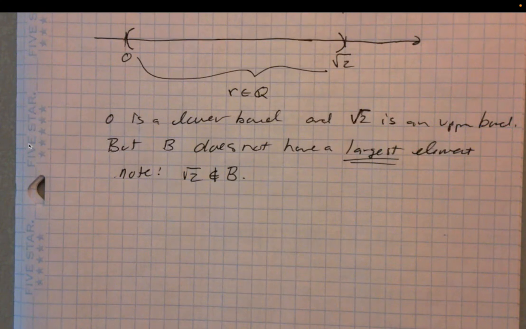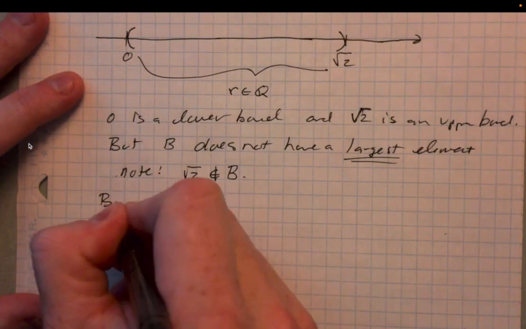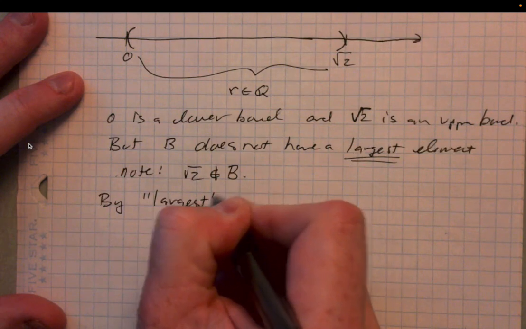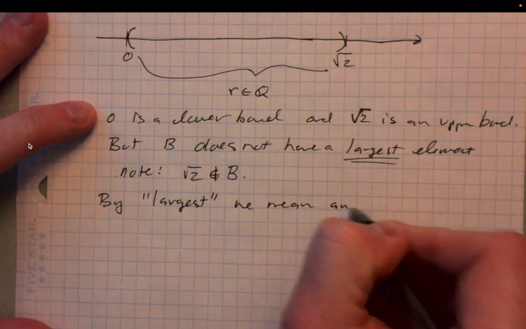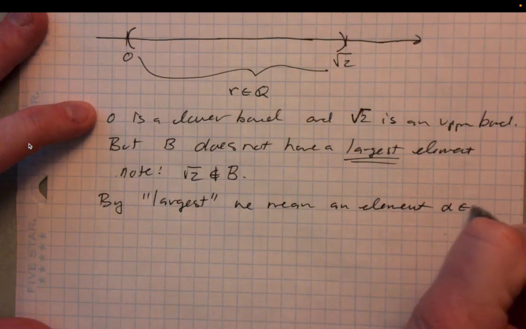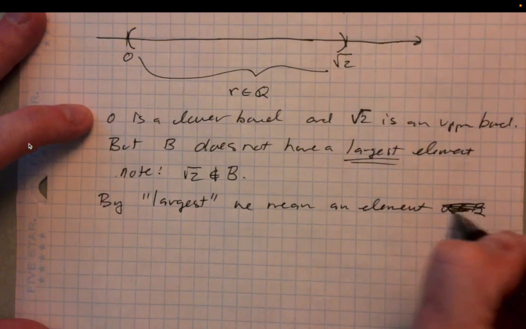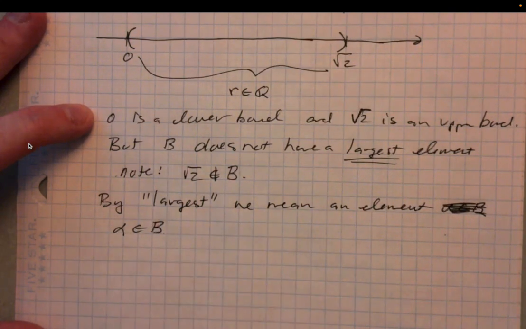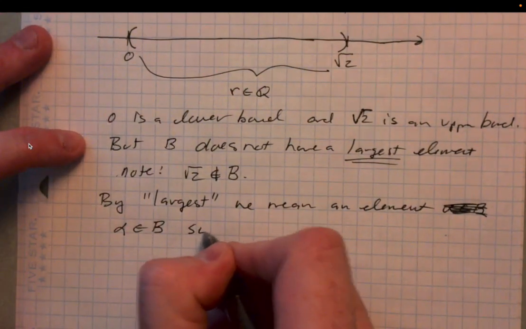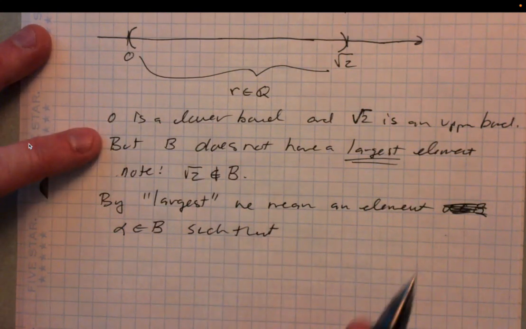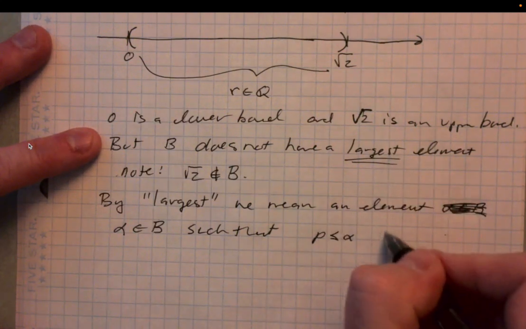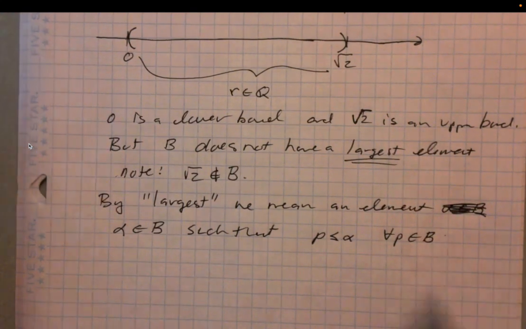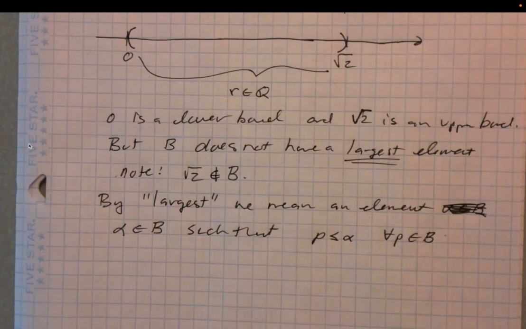Now, what do we mean by largest? We mean an element alpha in B, not beta, such that P is less than or equal to alpha for all P in B. If there was a largest element in B, it would fit this definition.